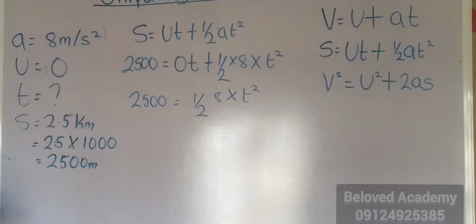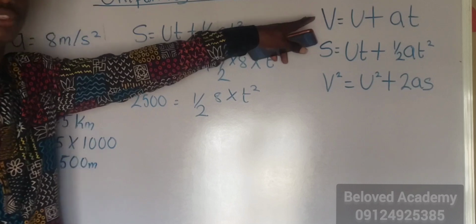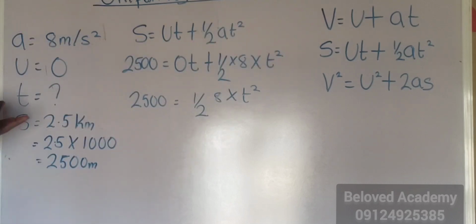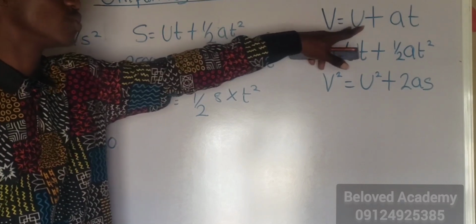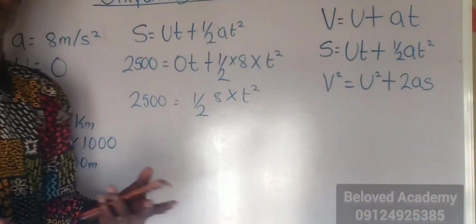Do you understand? You see? The parameters that you are given in the question will tell you the appropriate equation to use. I cannot make use of the first equation. The reason is because I wasn't given the final velocity. I am only given the initial velocity. From the first equation, the final velocity is equal to the initial velocity plus the product of acceleration and time.